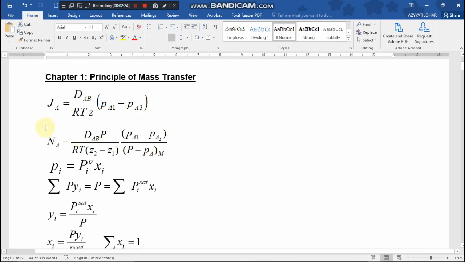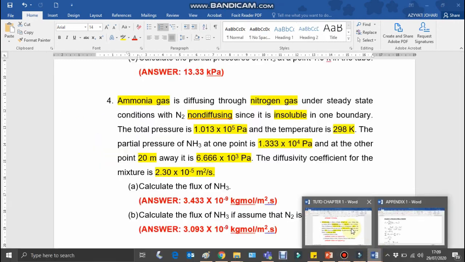As usual, in order to find the value of NA, we need to identify all of the information for this equation. The question already gives you the value for DAB, total pressure, PA1 and PA2. R we can get from the appendix. T is already given in the question. Z is also given in the question, which is, what's the value?